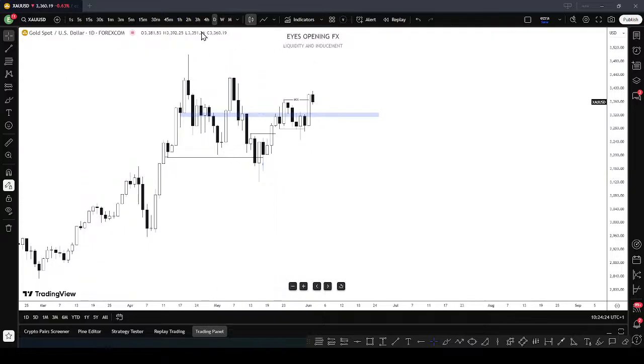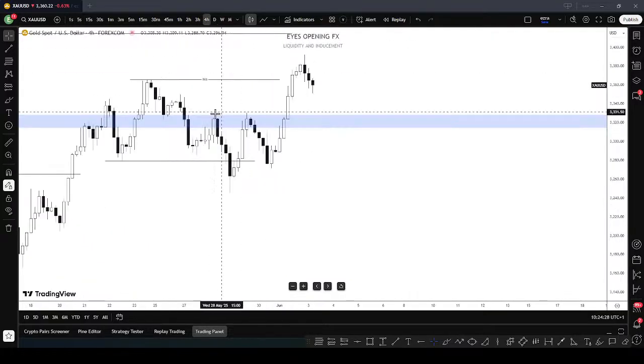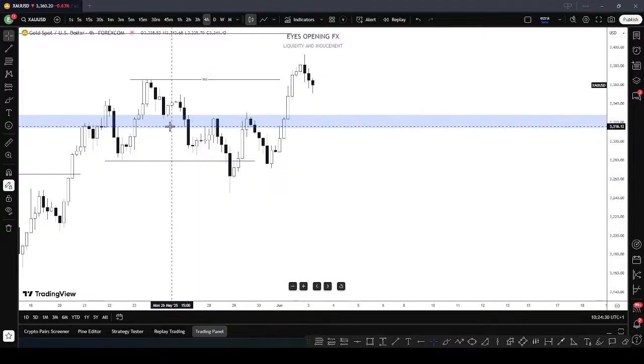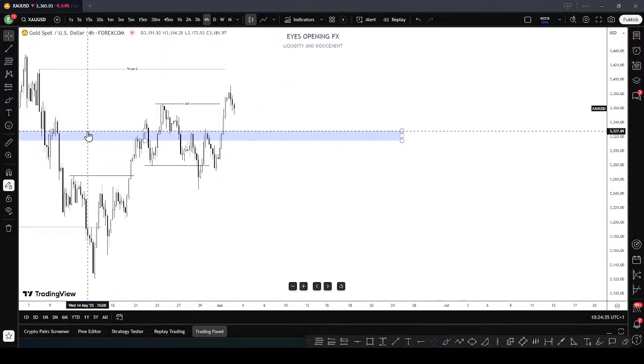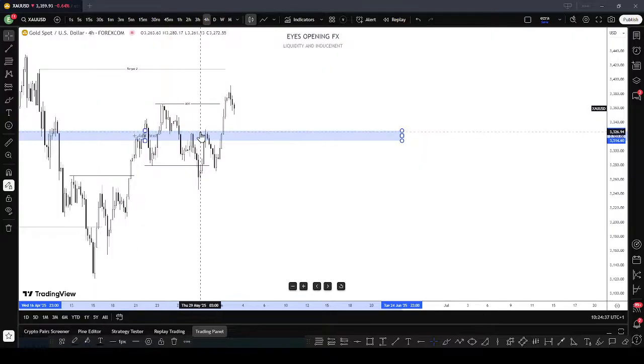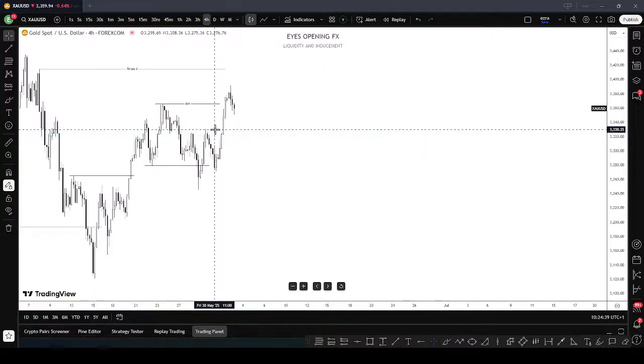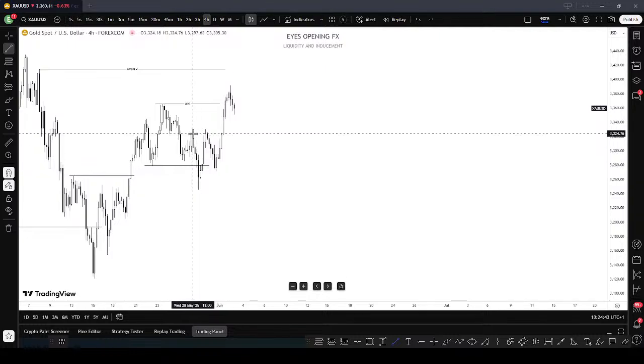So when you have it like this, since that area is a level the market has broken, it becomes a support level. So on this four-hour time frame, what do you do? If you remove that level, since we can see that level now, I will just remove it now. That means we'll have a clear support level right here.